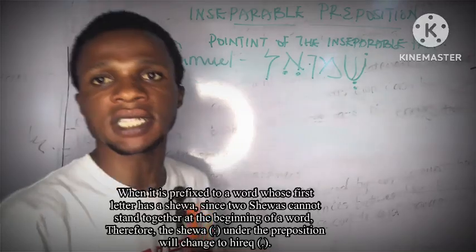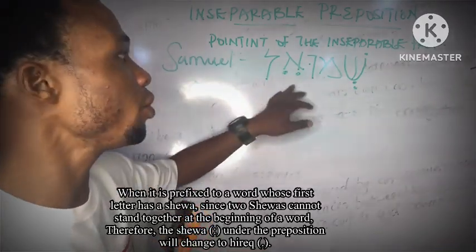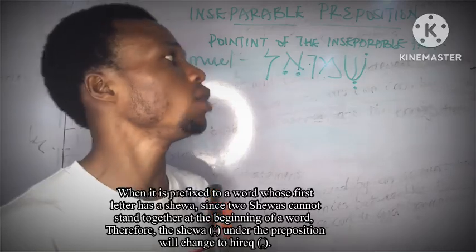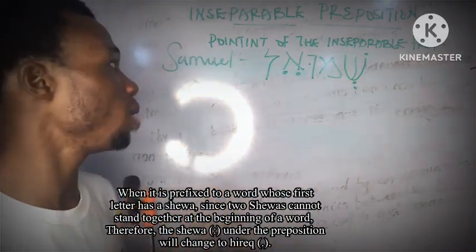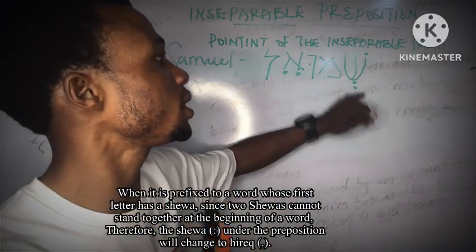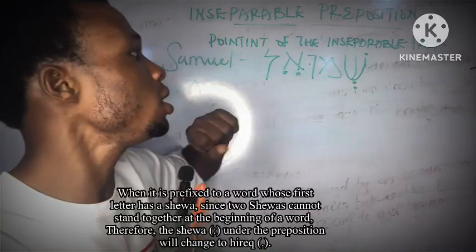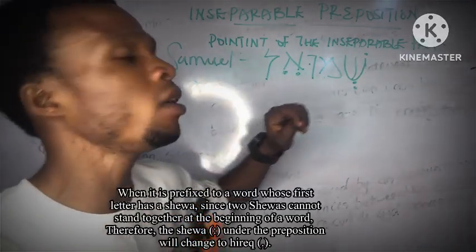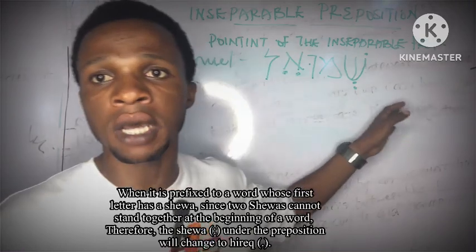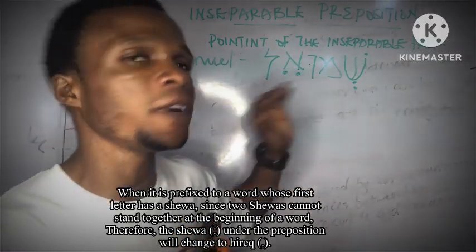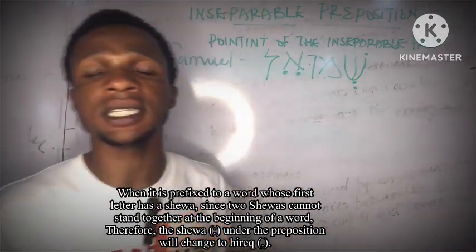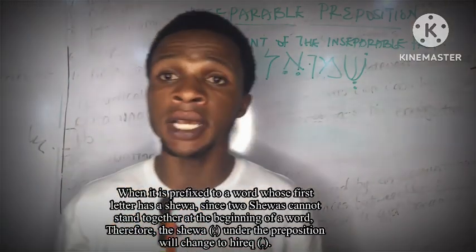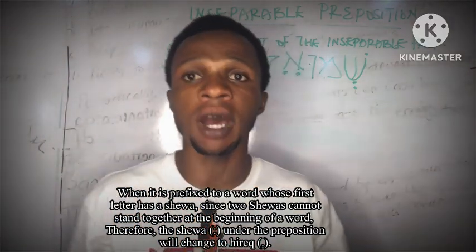Now look at the word Samuel itself. In Hebrew, it is pronounced Shemuel. Look at the first letter, which is Shin. Shin is already carrying a shewa. So if I want to say "to Samuel," don't forget that the normal rule is that since our inseparable prepositions are weak, you attach a shewa under them.